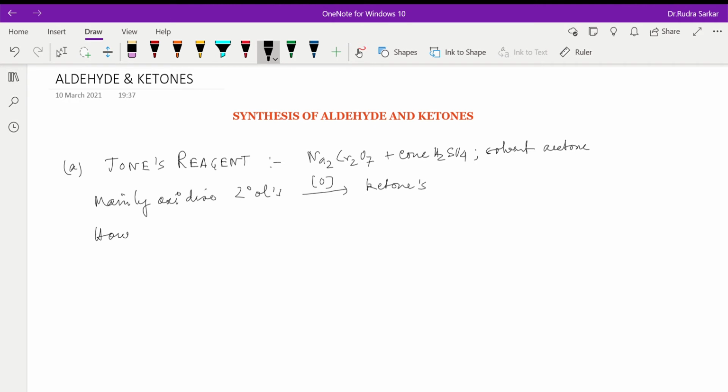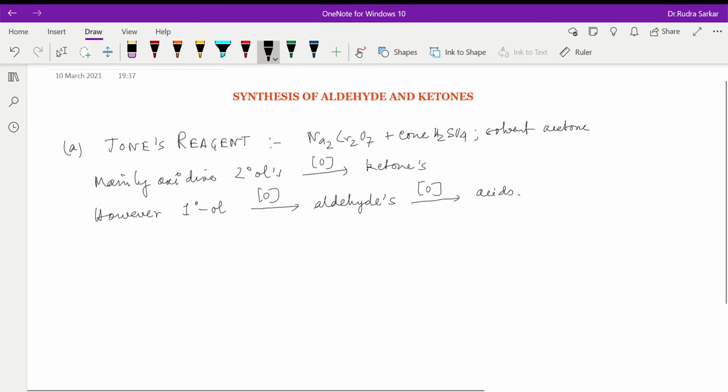However, on treatment to 1-degree alcohol, at the initial step they will be oxidized to aldehydes, which further gets oxidized by this reagent to acids. So that is why we are not using Jones reagent to oxidize 1-degree alcohols to aldehydes.